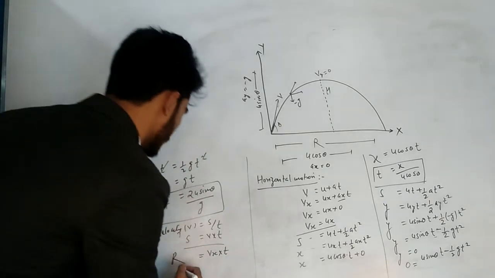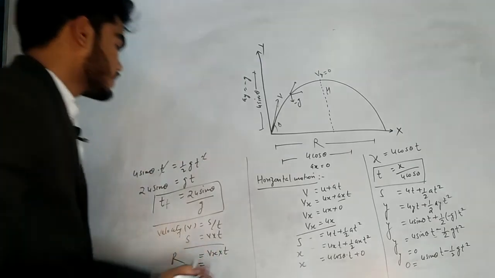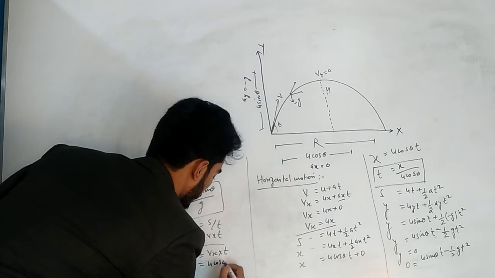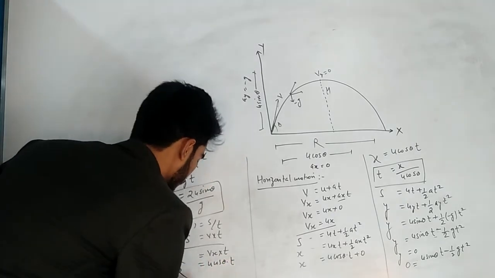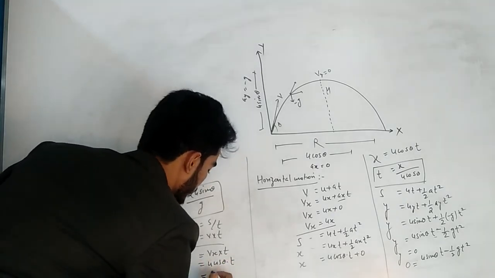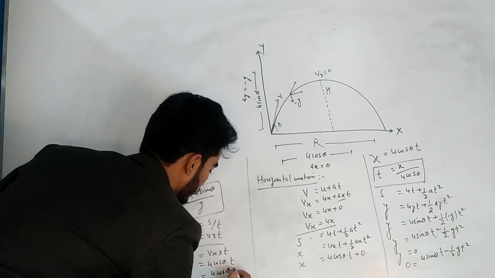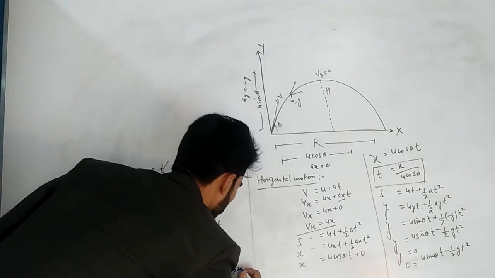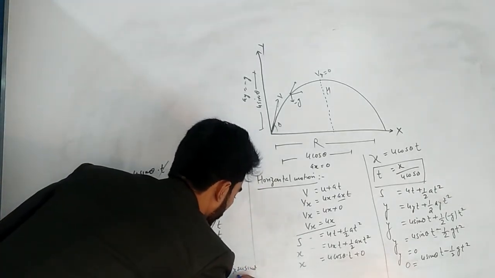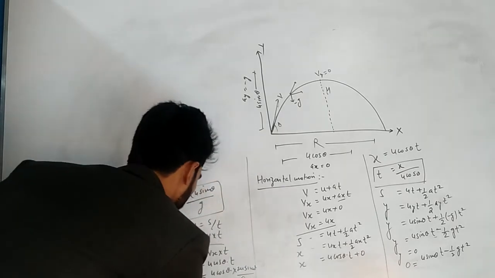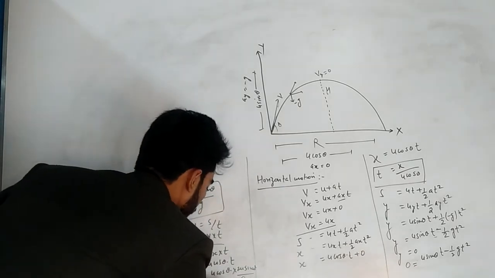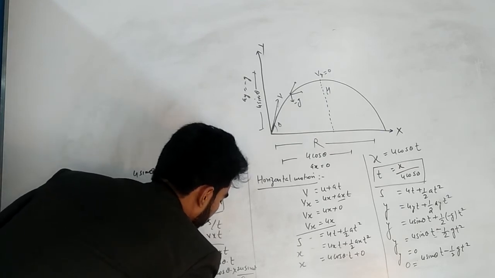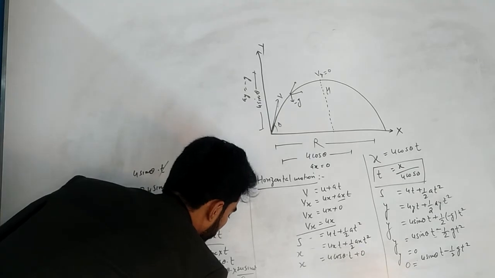Here r is equal to vx, the horizontal component, that is u cos theta into t, and finally the horizontal range will be u cos theta into the time of flight, 2u sin theta upon g. So finally the horizontal range will be u square 2 sin theta into cos theta upon g.